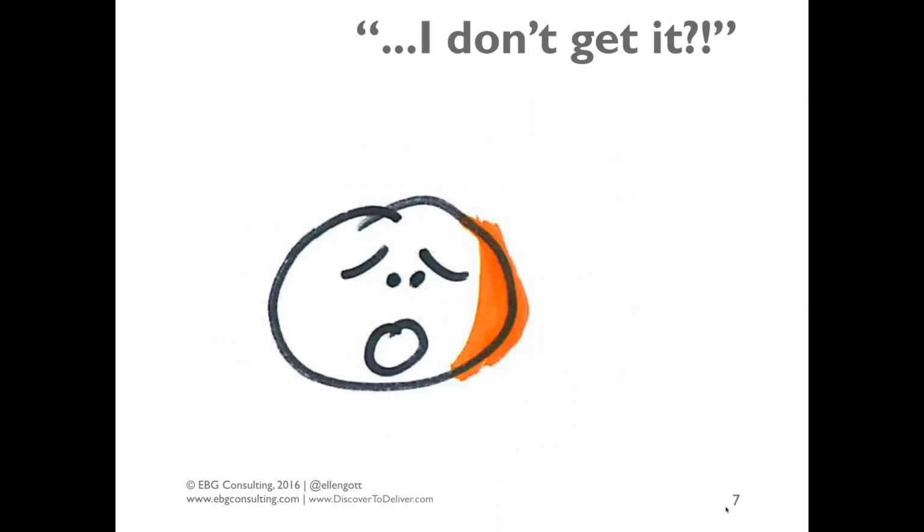So how about this? I don't get it. Some examples of people looking like that and saying that are where developers or engineers are not clear what the story is about and even why. Why are we going for that user story, and how does it fit with the business? Why are we doing it?